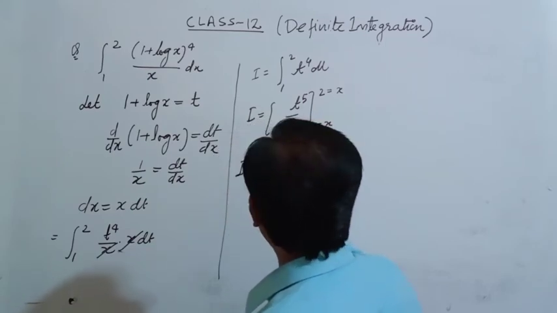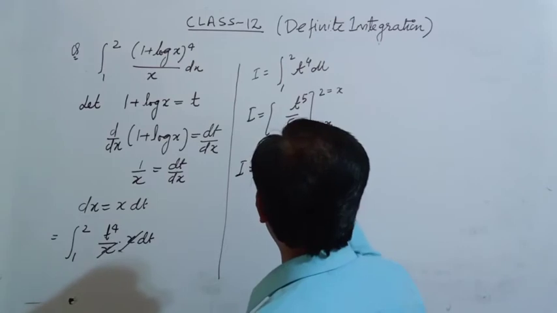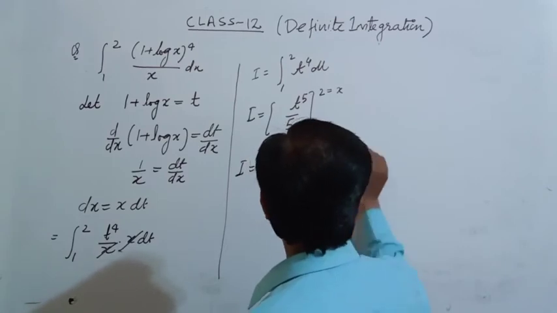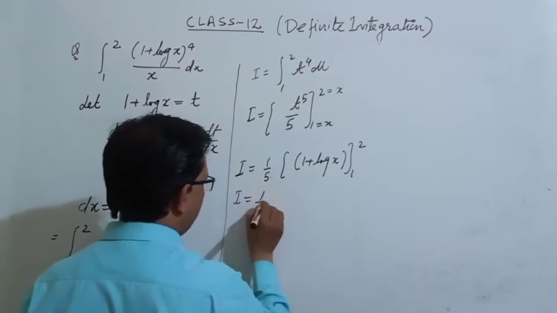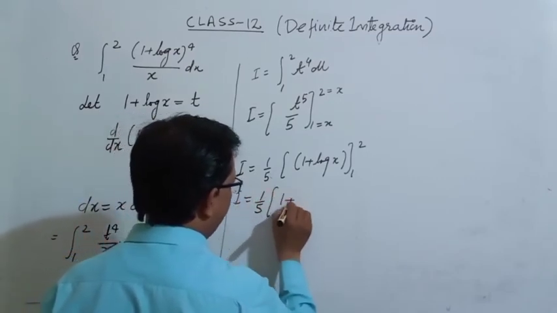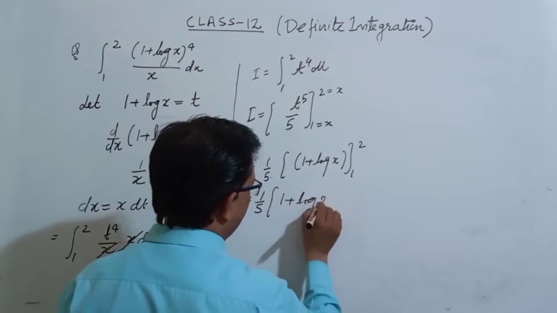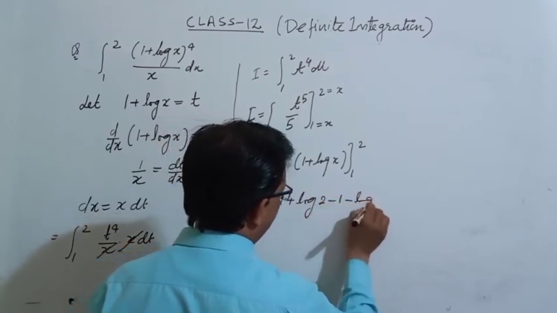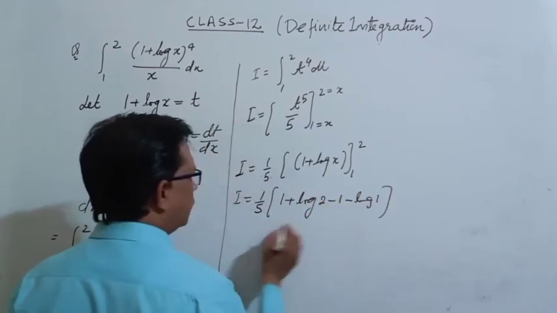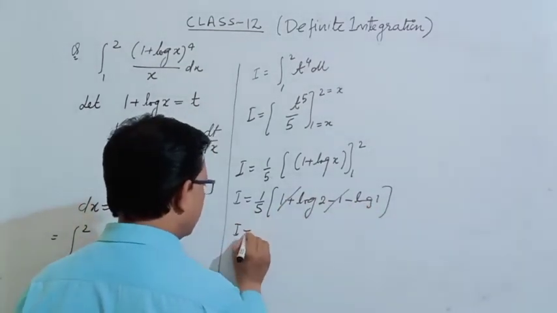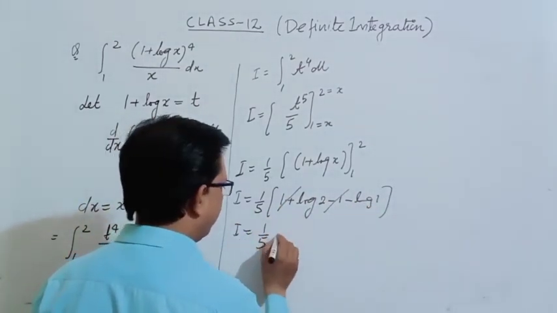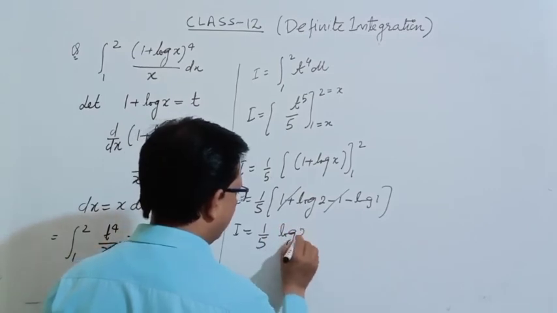In place of t we write 1 plus log x, and the limit is 1 to 2. Now we first substitute the upper limit, 1 plus log 2, then minus 1 minus log 1. So this is cancelled out and the value of log 1 is 0. So the final answer is 1 upon 5 of log 2.